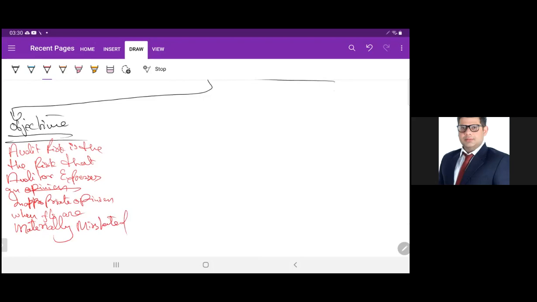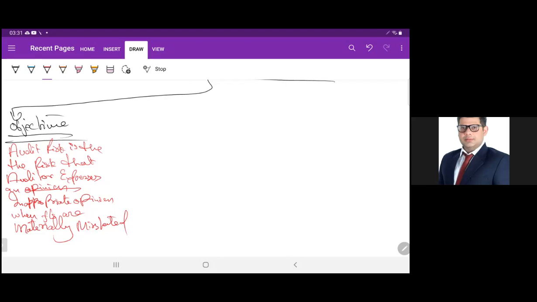So what is the objective? The objective is to identify and assess the risk of material misstatement, whether due to fraud or error, at the financial statement and assertion levels, thereby providing a basis for designing and implementing responses to the assessed risks of material misstatement, right?